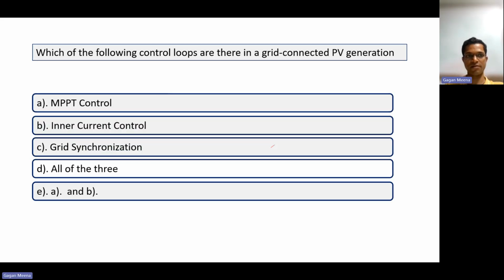Question. Which of the following control loops are there in grid connected PV generation? MPPT control is there, it is a must for wind as well as solar. Then the inner current control loop is there. Then the grid synchronization loop is there, which is the PLL.